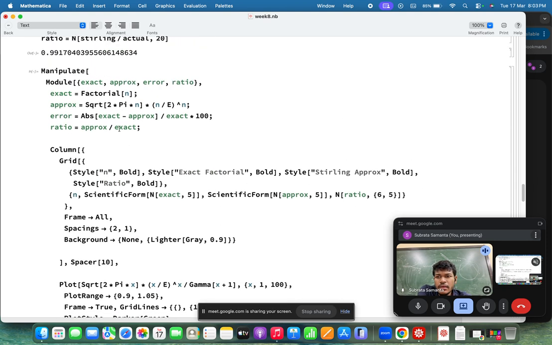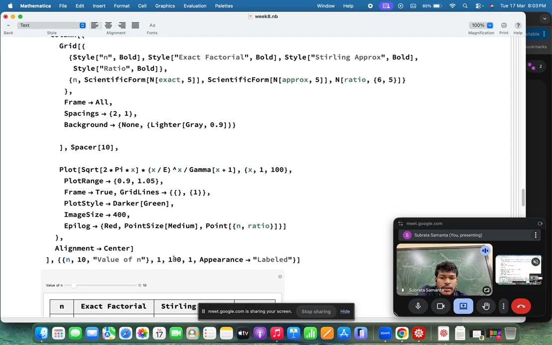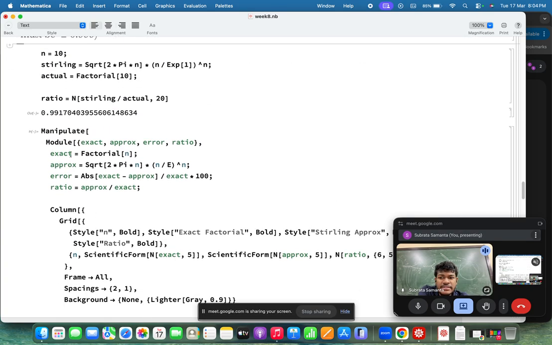Here I create a Manipulate again, and I vary n from 1 to 100. First I calculate the exact one, that is n factorial, and the approximation is basically the Stirling approximation, square root of 2 pi n times n over e to the power n, so you can also write e here. We calculate the error as the difference between exact minus approximation over exact times 100, and we calculate the ratio, approximation over exact.